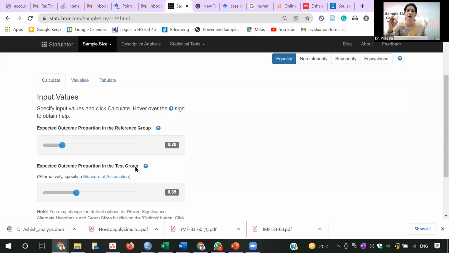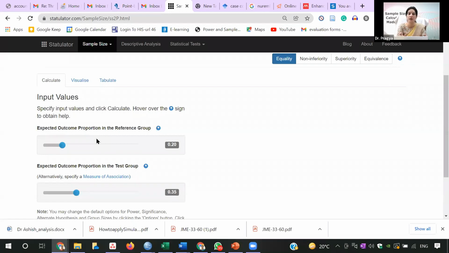Outcome in a case control study will be the exposure, not for the hypothesis, but for calculation in the Statulator. Ideally, the author should have written expected outcome proportion, slash, expected exposure pattern in the reference group.